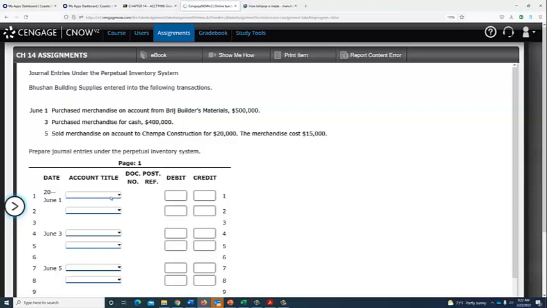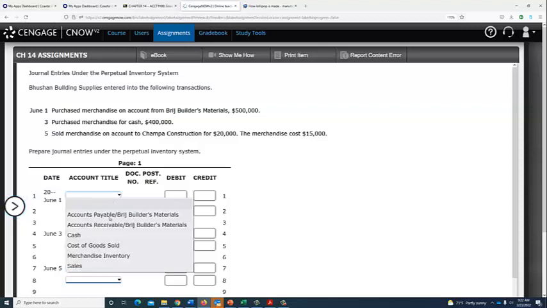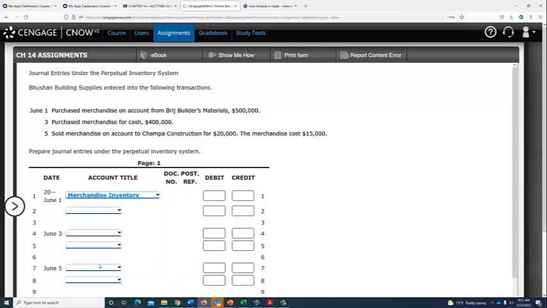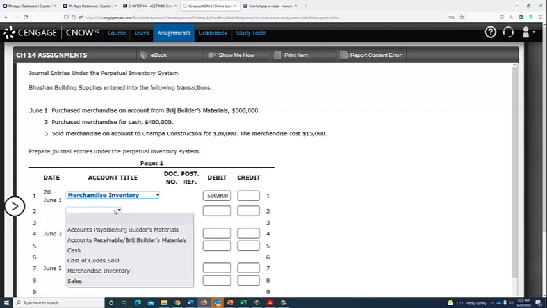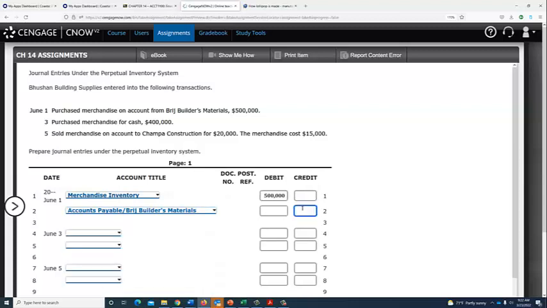So keep in mind, under perpetual inventory, the merchandise inventory account is an active account. So all our purchases go in merchandise inventory instead of the purchases account. Okay, and then that was purchased on account, so we'll credit accounts payable.